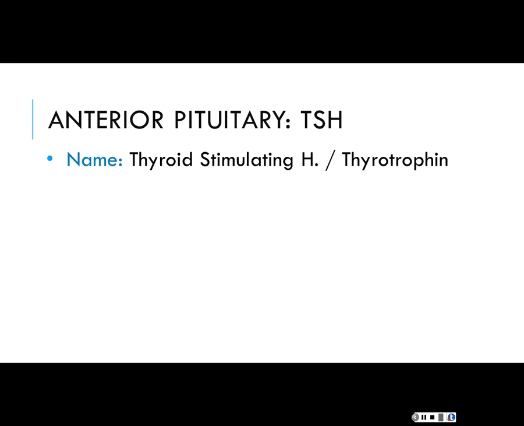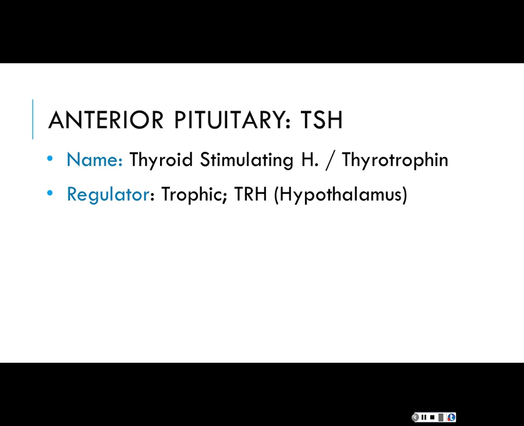So, thyroid stimulating hormone targets the, I'm going to get ahead of myself. How do you think we're going to regulate TSH? Tropically, from the hypothalamus. Which hormone? Thyrotropin releasing hormone from the hypothalamus can activate the release of thyroid stimulating hormone from the anterior pituitary.